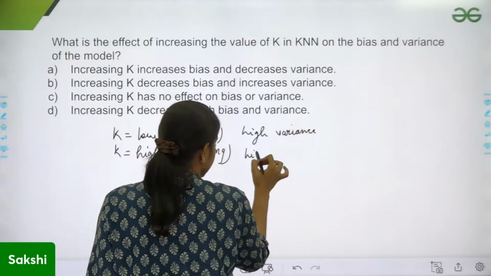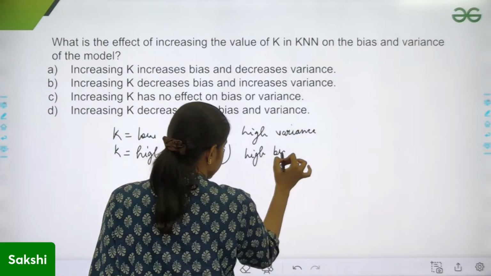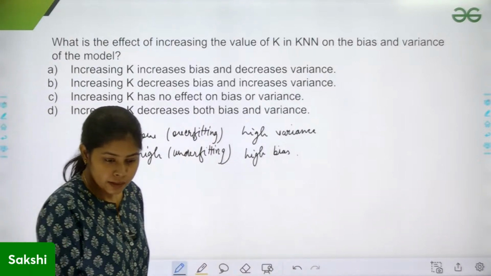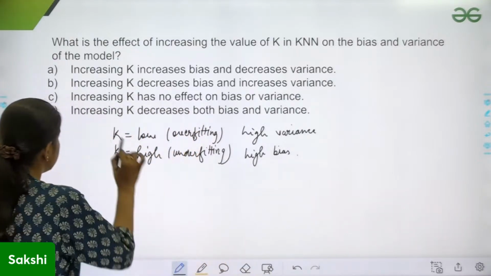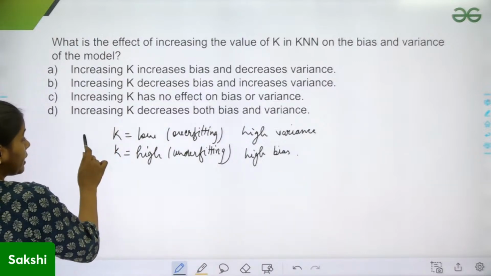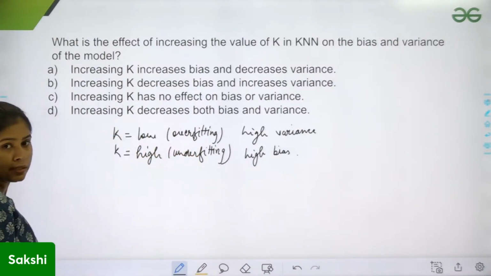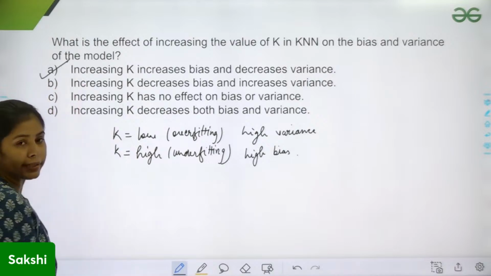So if I increase the value of k, bias would increase and variance would decrease. That means option A is correct.